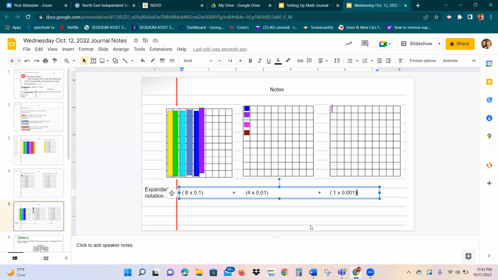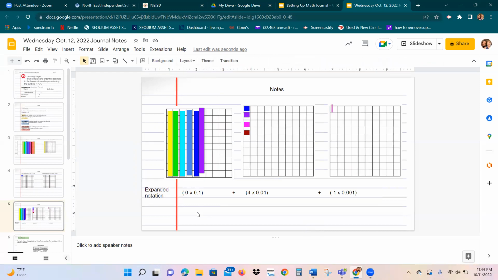If I had these 2 different numbers, now, first of all, how would I write this? This is an expanded notation. And how would I write this as a numerical, as a number or numeral?